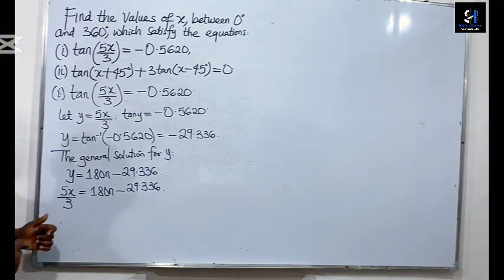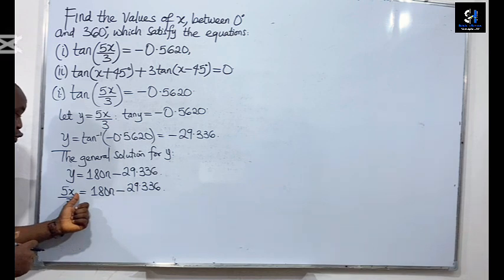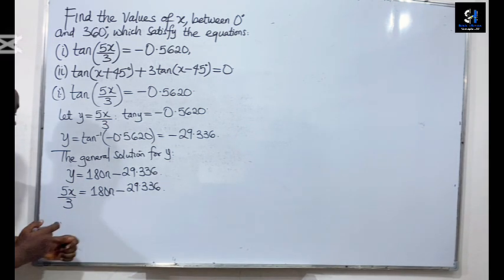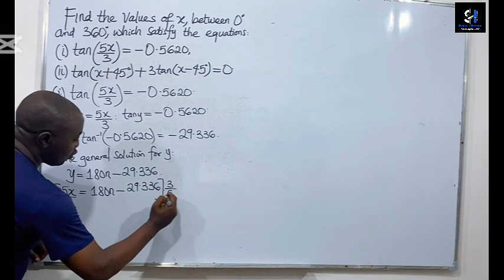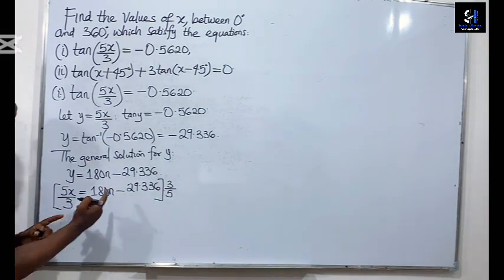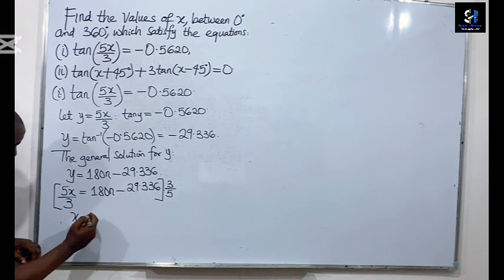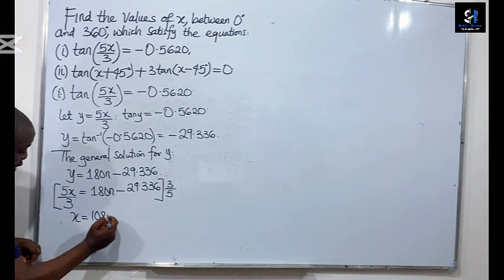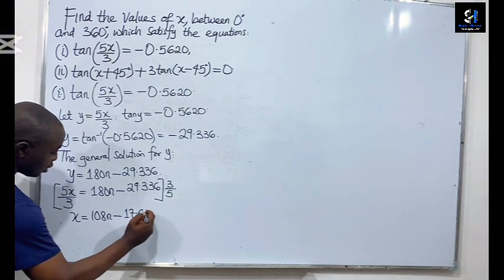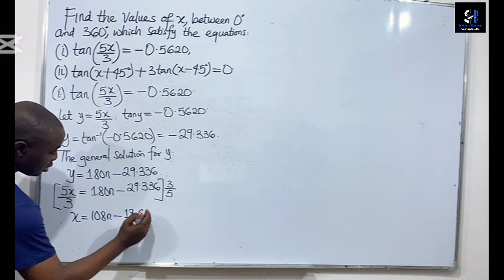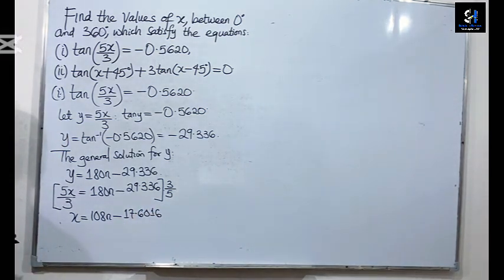Now to find x, that is to solve for x in terms of n, I'm going to multiply through this equation by 3 over 5. Then x will be 108n minus 17.6016.